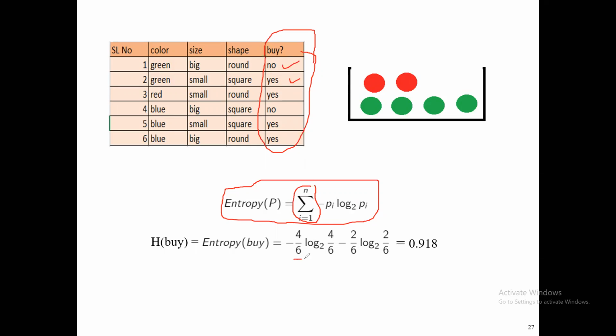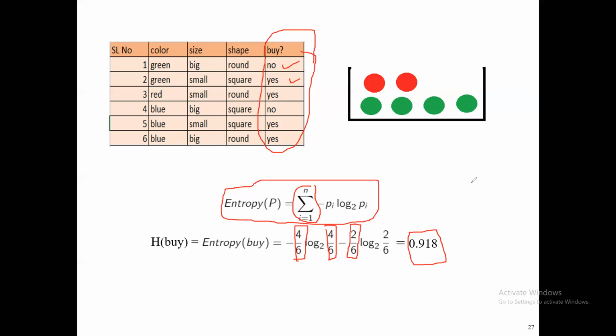So 4 by 6 is P1, then log, again P1 is 4 by 6, and P2 is nothing but the probability of no, which is 2 by 6. So we plug that in as well. So P2 log P2. So if we calculate it, we get that the entropy of the by attribute is actually 0.918.